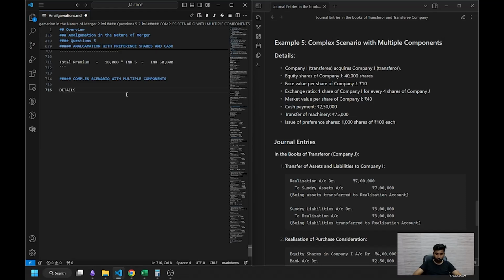First of all, let us note down the details. Company I, which is the transferee, acquires company J, which is the transferor company.